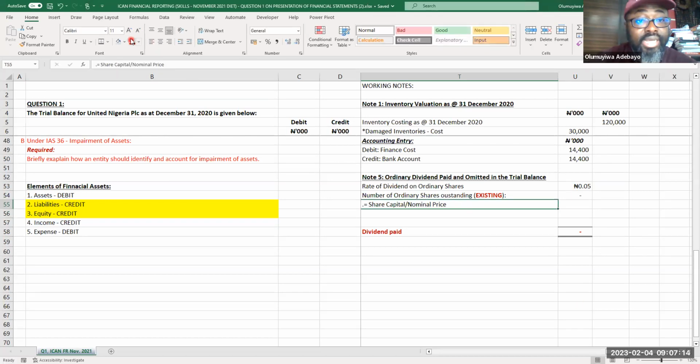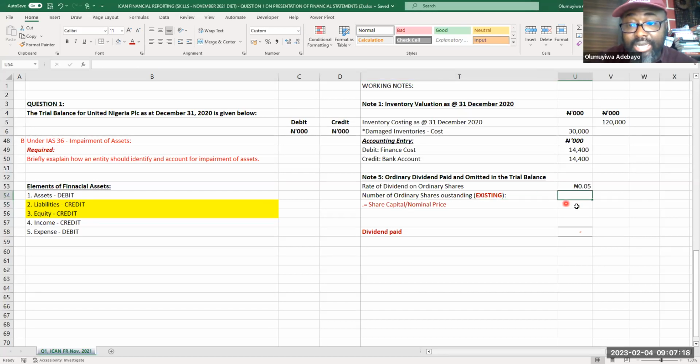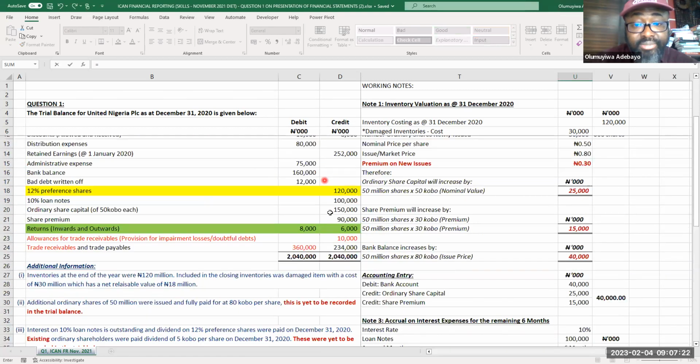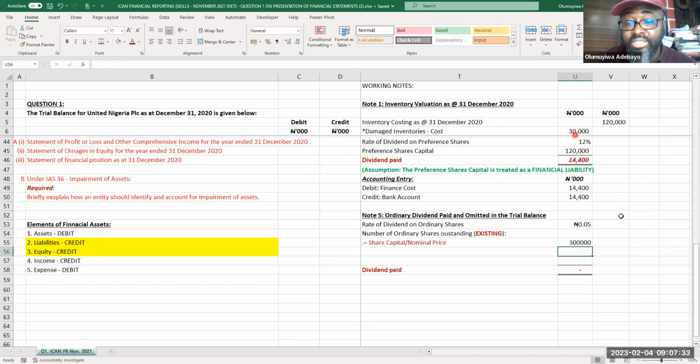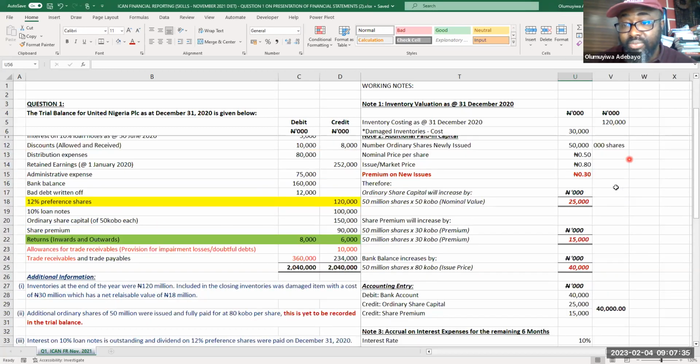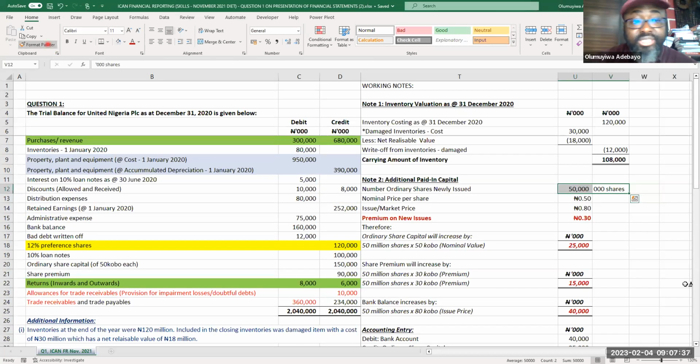Okay, how do we get that? The share capital is 300, it's 150, sorry. And the nominal price, if you remember, is 50 kobo. And that's how we got these 300 million shares.